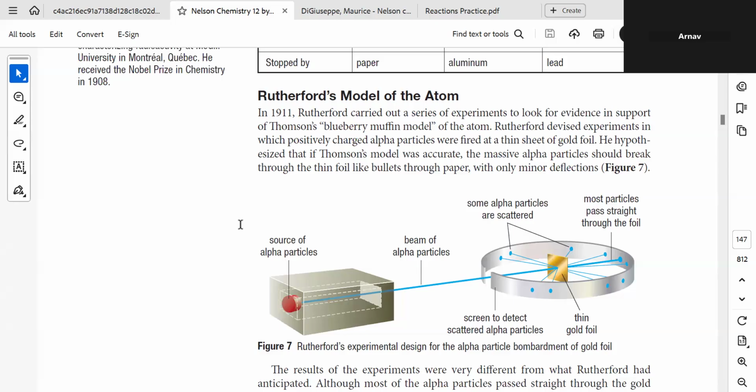They are not deflected by positively charged. What I said is, because they are getting deflected, that means the gold foil has something positive and dense. Because it is dense, it is getting deflected.